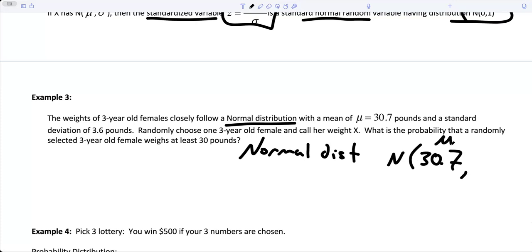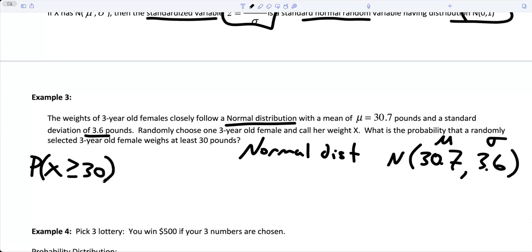That is mu. Standard deviation is 3.6. Label that. So I need a sigma. And I want to find the probability that X is greater than or equal to 30, because it says, what's the probability that they weigh at least 30 pounds?